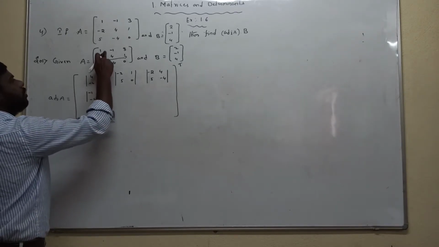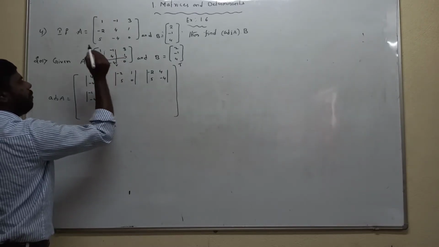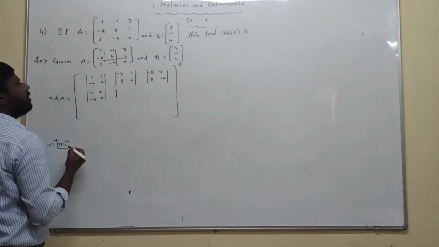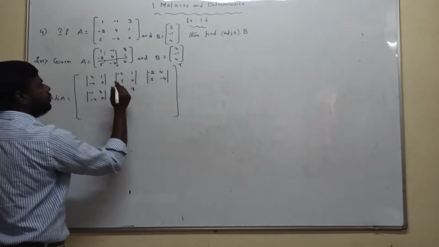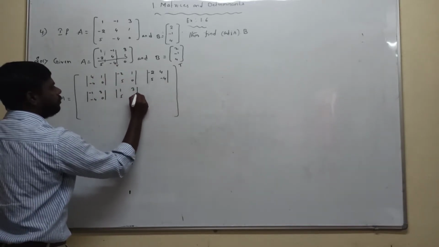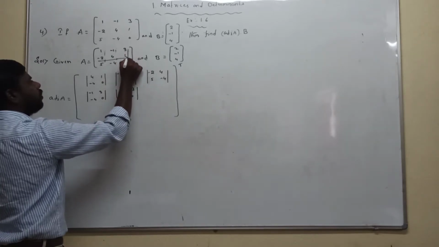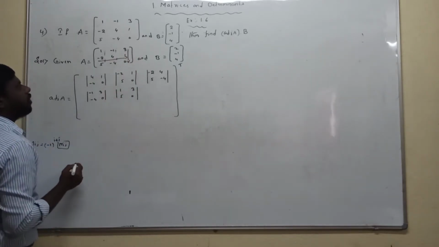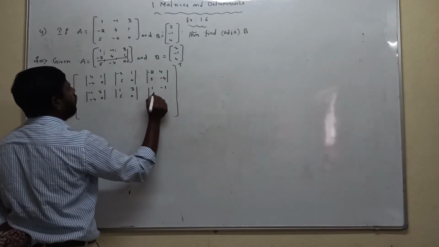Next, 4, present in the second row, second column, is eliminated. The left over elements are 1, 3, 5, 0. Next, 1, present in the second row, third column, is eliminated. The left over elements are 1, -1, 5, -4.